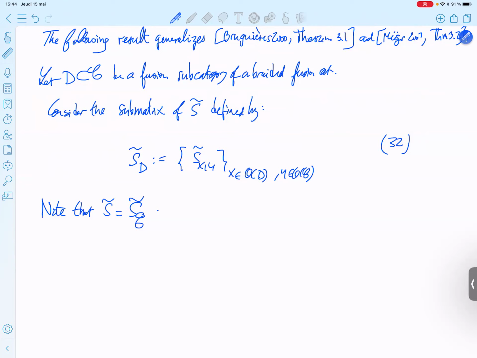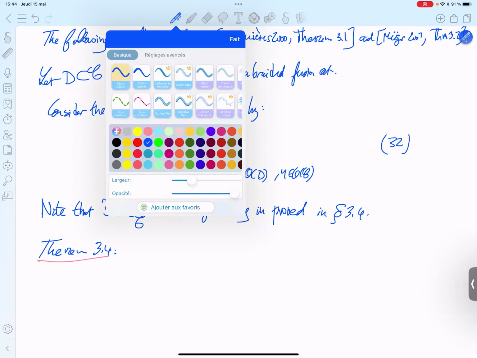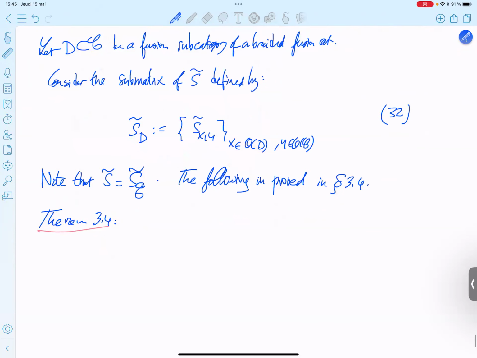So let's state one of the main theorems of this chapter. It will be stated in this section, but proved in section 3.4. In this section, we will prove some things, but the more complicated theorems will be proved in a dedicated section.